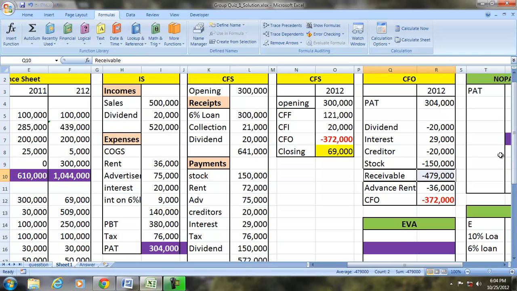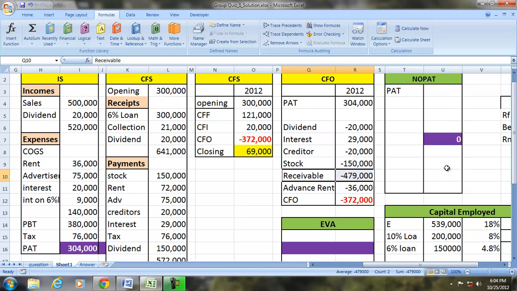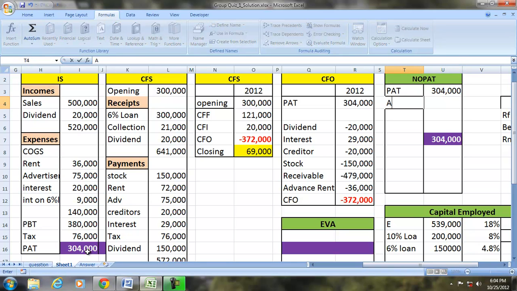Now, after completing these GAAP-driven financial statements, let us calculate some non-GAAP items, and one of them is the net operating profit after tax and before interest, popularly known as NOPAT. So NOPAT is equal to PAT plus interest into 1 minus T. That means add interest less the tax benefit of interest.